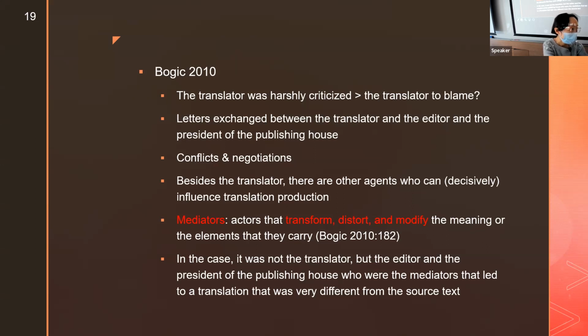In this case, it is the publisher, the editor, or the president of the publishing house. It is their requirement that the translator do a lot of deletions, omissions, and editing of the original, which finally led to a translation very different from the source text.